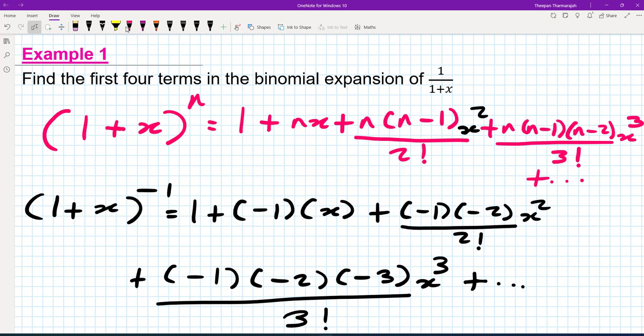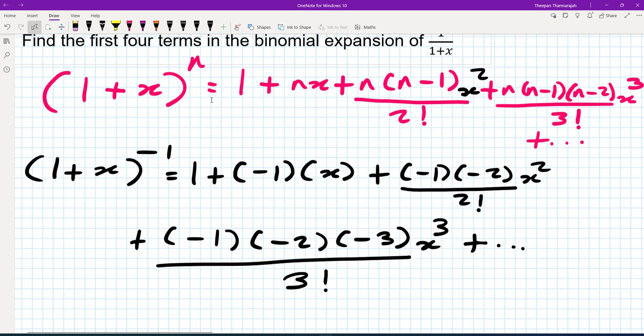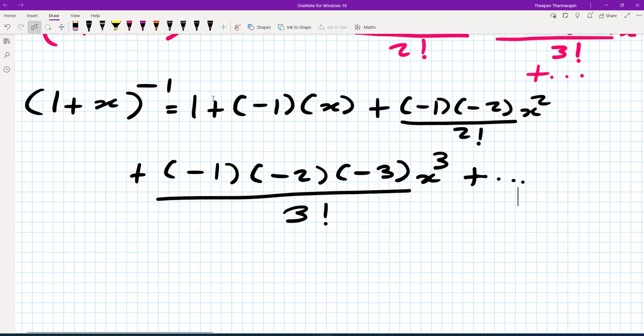Plus other terms. Now that means that our series ends up as follows: 1 minus x, then plus x squared, and then, well, minus 1 times minus 2 is positive 2, times minus 3 is going to be minus 6.